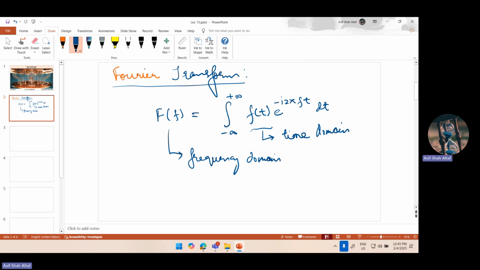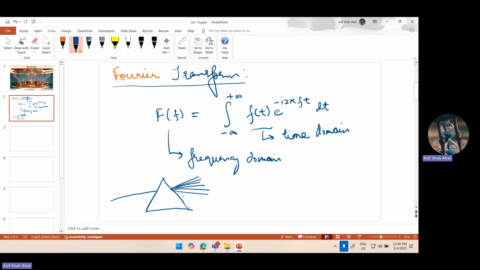So basically what Fourier transform does is that it converts, or you can say it decomposes, a function into its constituent frequencies. So for this case, it will convert a time domain signal into a frequency domain signal. A better example to understand this is if you have a prism and you shine light, which is basically white light, then at the other side of the prism, you will see 7 colors.